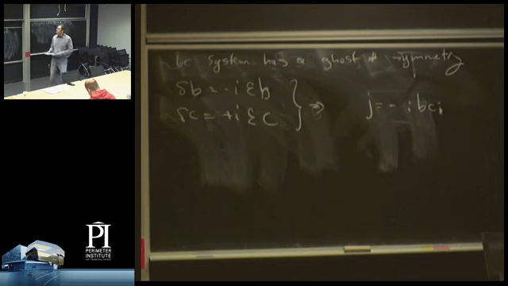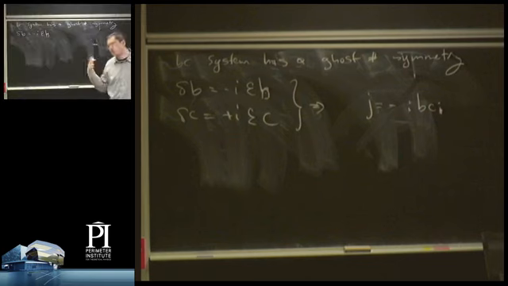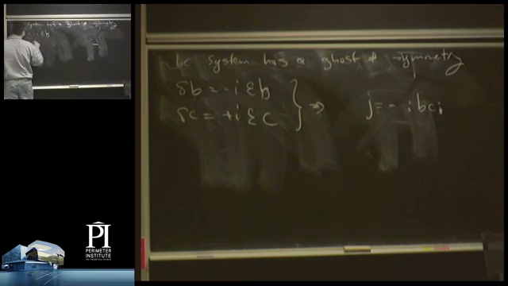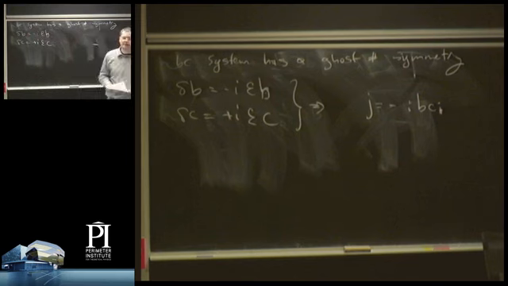And this is a symmetry, so there is an action written somewhere, and you can check that if I transform delta B by minus i epsilon B, right? So epsilon is a constant. Again, we're talking about global symmetries. And delta C is plus i epsilon C, then the action stays invariant. This is pretty much an obvious statement.